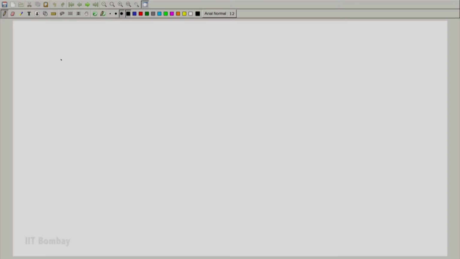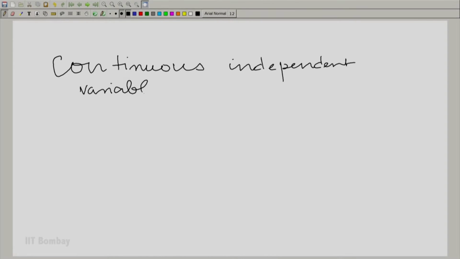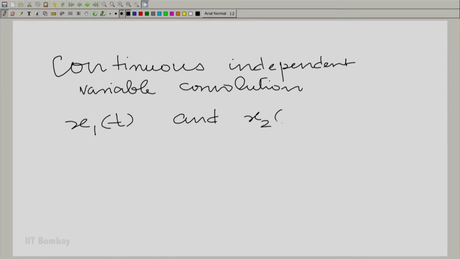Let us put down the question that we want to address. So, what we are trying to do is to create a continuous independent variable convolution. We have two continuous independent variable functions, let us call them x1(t) and x2(t).